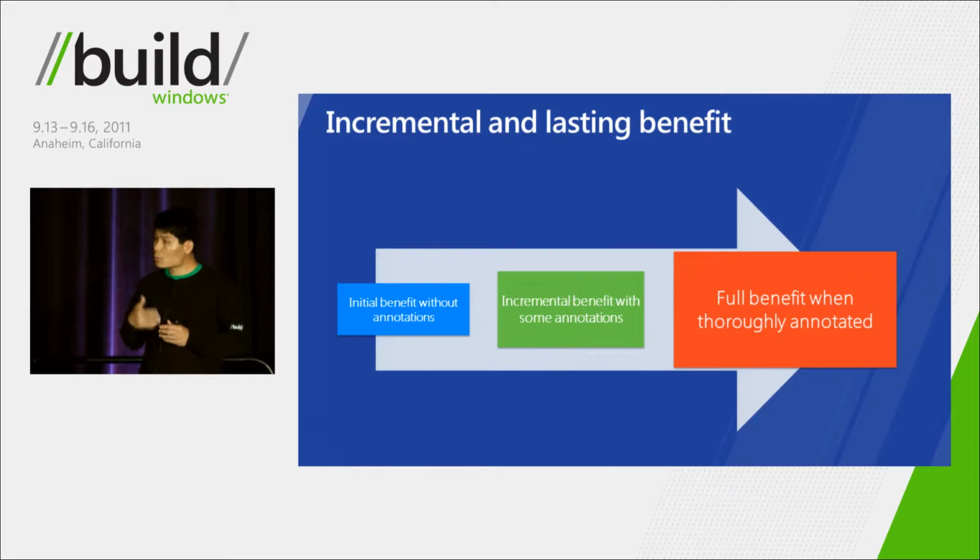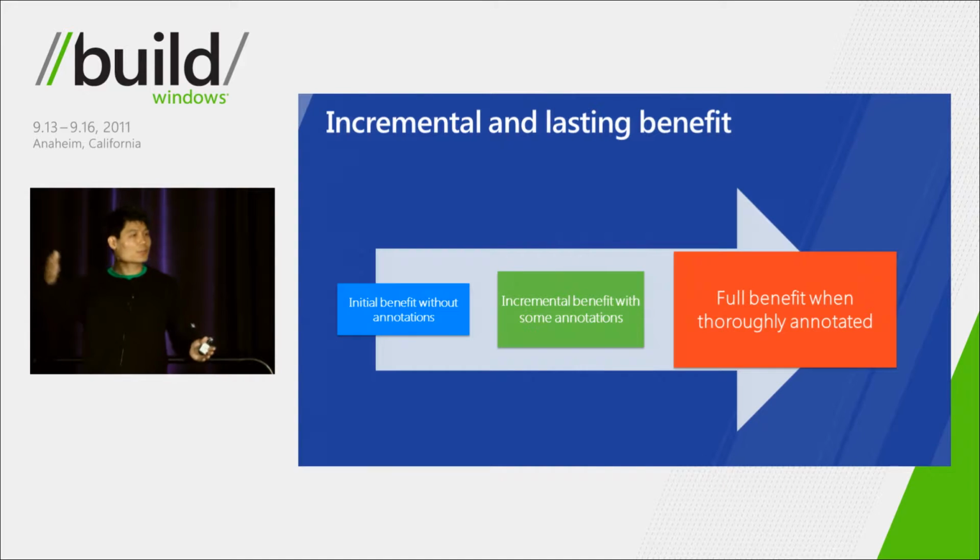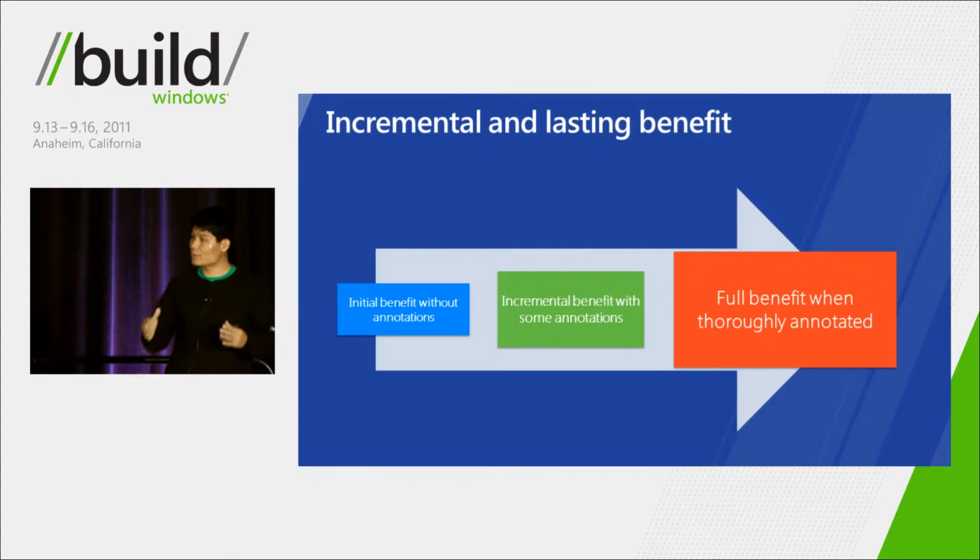Now, if you are willing to learn SAL and add some annotations to your code, you will start getting some incremental benefits, because the more annotations you add, the better coverage you will receive. And if you really want to get the full benefit out of Visual Studio Code Analysis, then you should fully annotate your code. Like any relationship, the more you put in, the more you get.